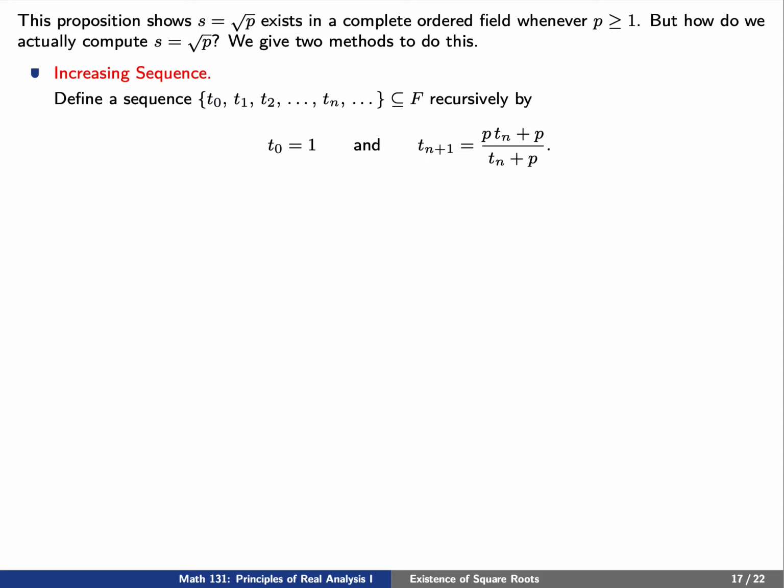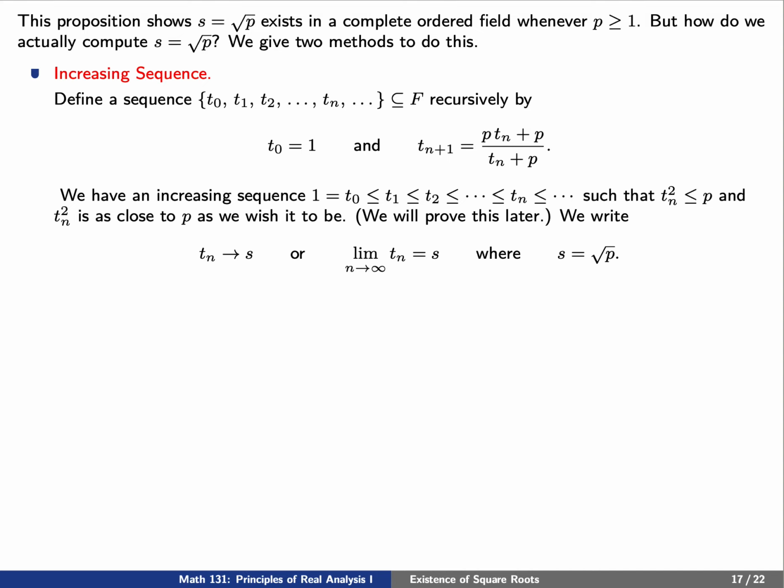Hopefully this looks familiar from the proof that we just discussed. One can prove that we have an increasing sequence that starts at 1 and increases up until t sub n squared is less than or equal to p. And in fact, each t sub n squared is as close to p as we wish it to be. We'll prove this in a later lesson.